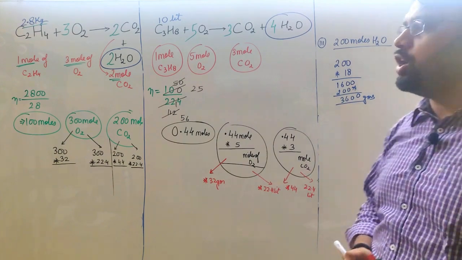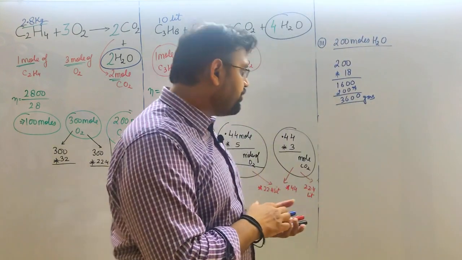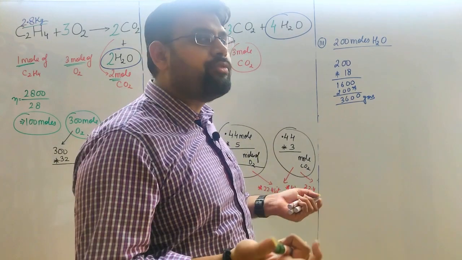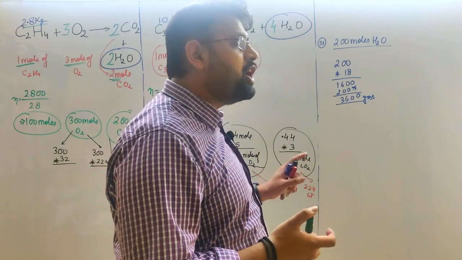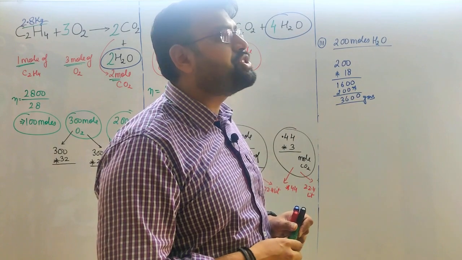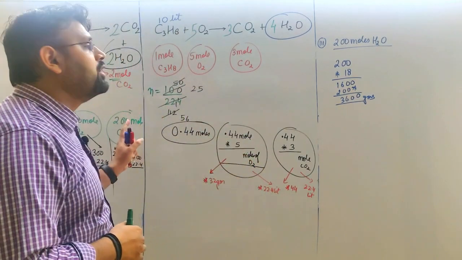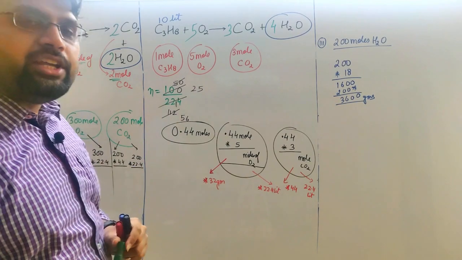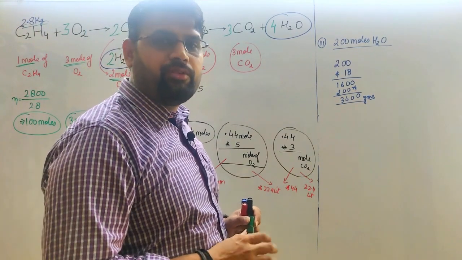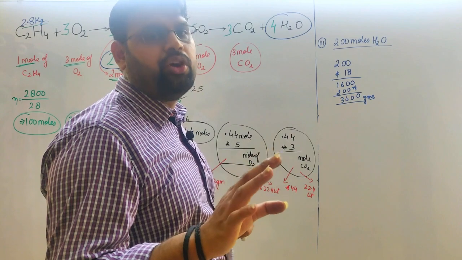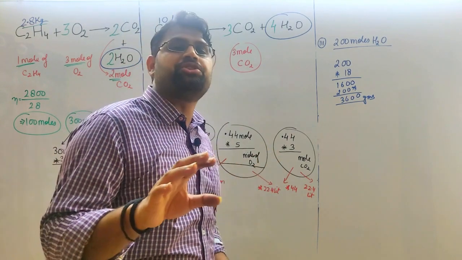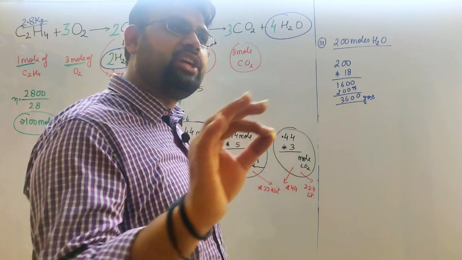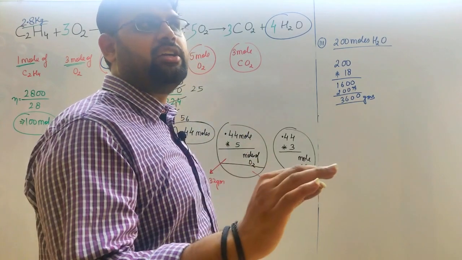Now what will be the volume of these 200 moles? For volume, you might say 1 mole occupies 22.4 liters, but that's not the case for H2O, because H2O is not a gas here. You should remember this: H2O is not a gas. It is released in the form of water vapors only, or simply water, unless it is mentioned in the question that the reaction temperature is 100 degrees Celsius or greater than 100 degrees Celsius.